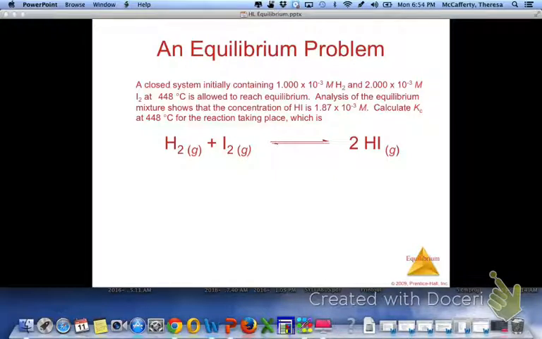It tells me I have a closed system, initially containing 1.0 times 10 to the negative third molar hydrogen. I've got some iodine in there as well, and it's allowed to reach equilibrium. Analysis of the equilibrium mixture shows that the concentration of the hydroiodic is 1.87 times 10 to the negative third molarity. And it tells me to calculate Kc.